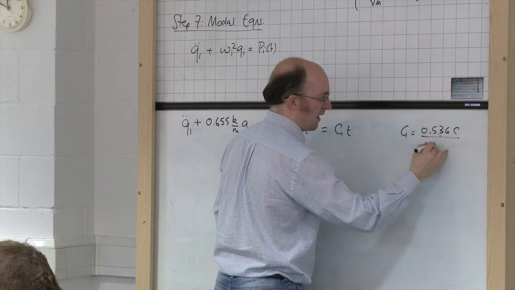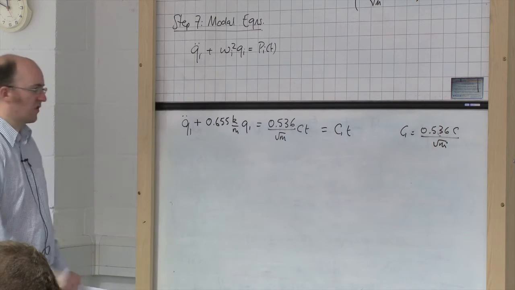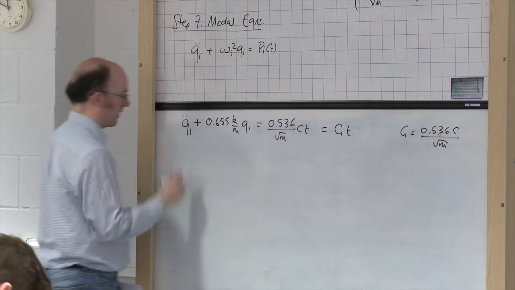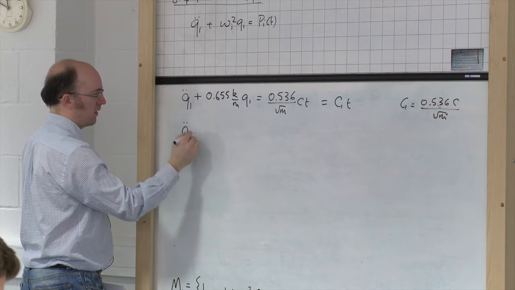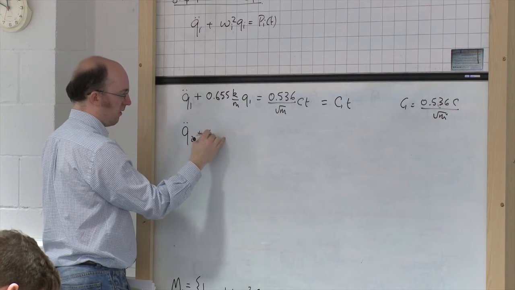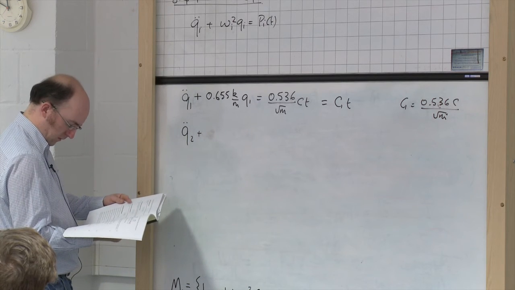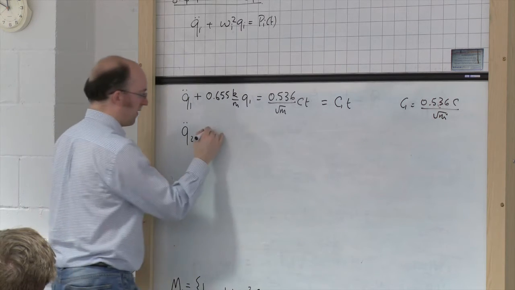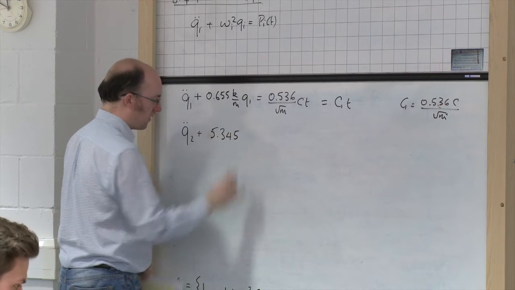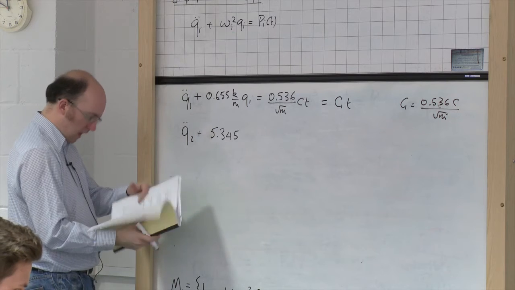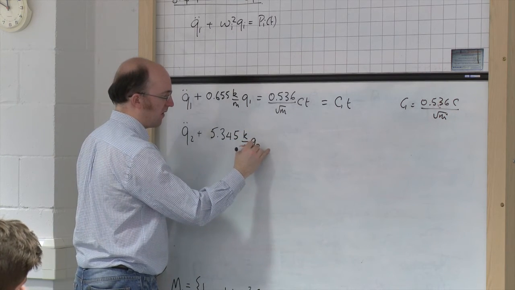C divided by root m. Just to make things clearer, I've just replaced that term with C1. Okay. Q2, same form, plus 0.5 k upon m times Q2.